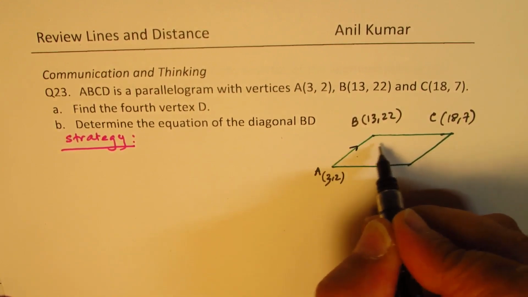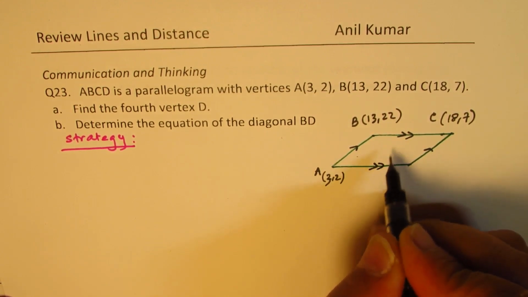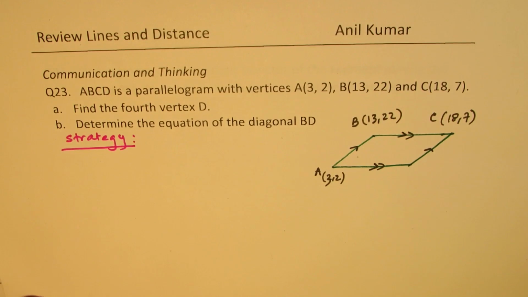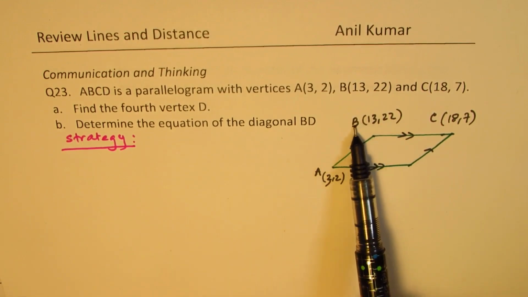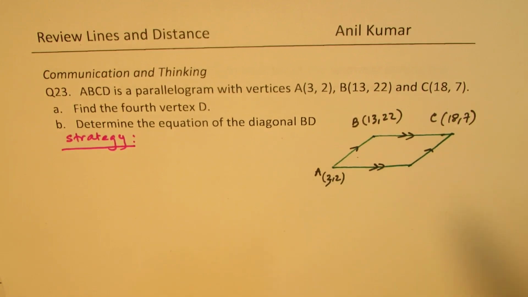So we have these parallel sides in a parallelogram, and they're also equal. So if you notice, if I have to go from B to C, what is the change? The same should be from A to D, right?